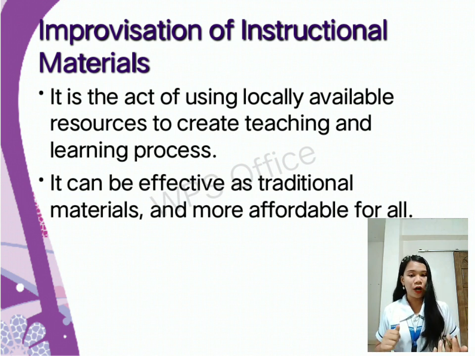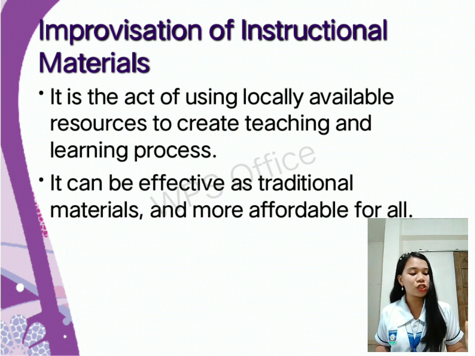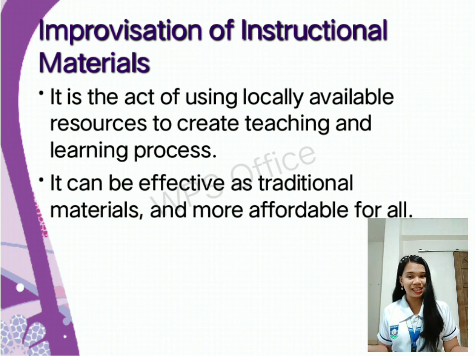For example, using paper bags to create a model of the solar system and using water bottles to create a model of the water cycle. It can be as effective as traditional materials and more affordable for all. So that was the meaning of improvisation of instructional materials.